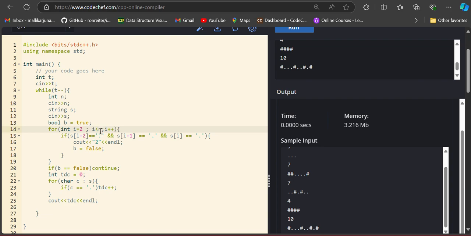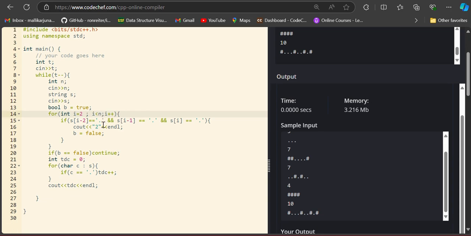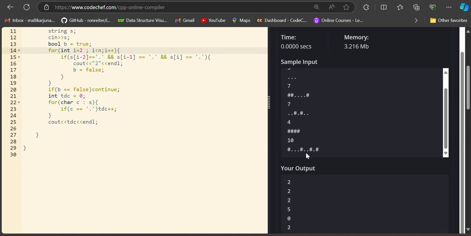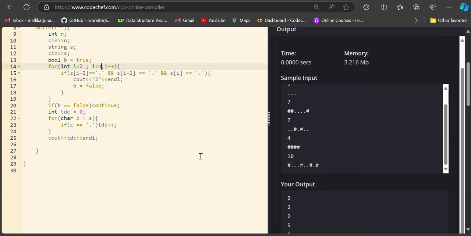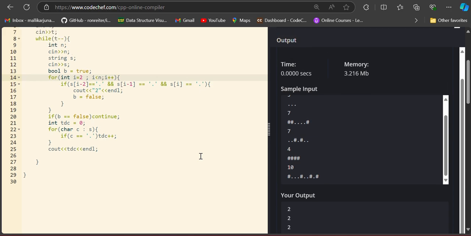Okay, less than n, it actually means n minus one. But why two, bro? Why two? I'm not understanding. Is it only... wait.